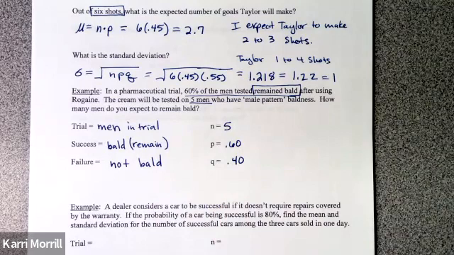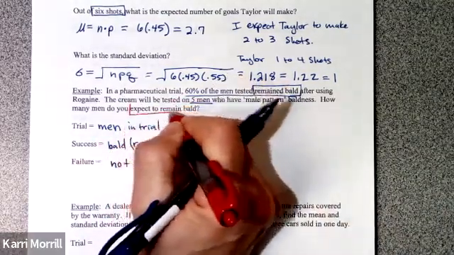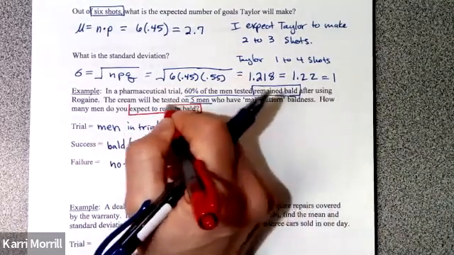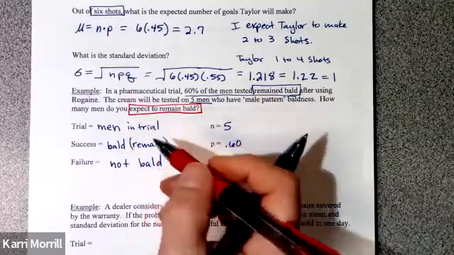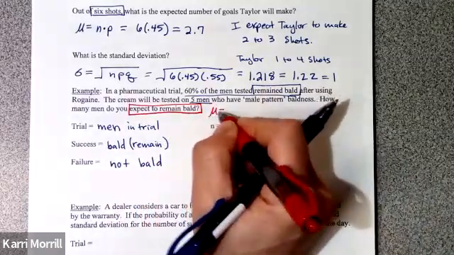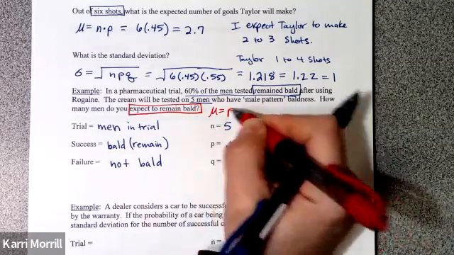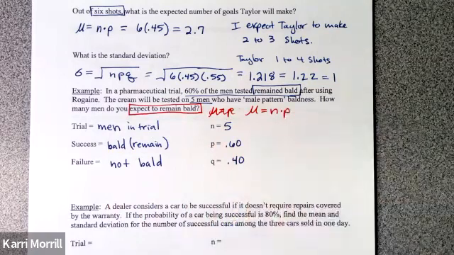So we are going to find, it says, how many men do you expect to remain bald? That's the terminology you're going to be looking for. In statistics, you have to look for some keywords, and the word expect is a big part. That means you're going to be working with your mean, n times p. That's going to be the expected value. That's the formula we use.